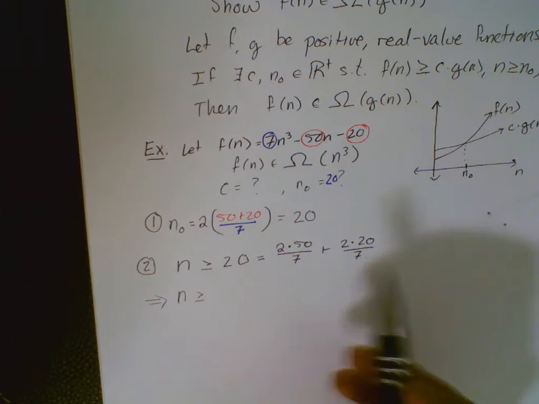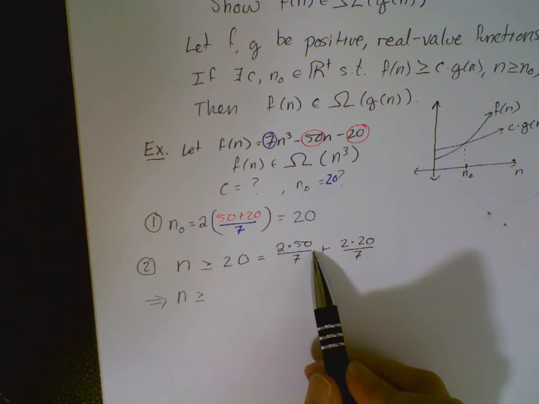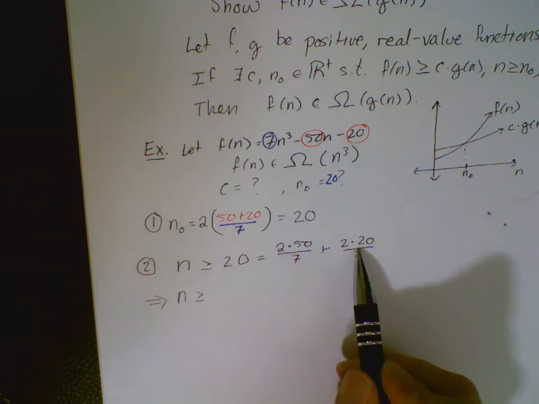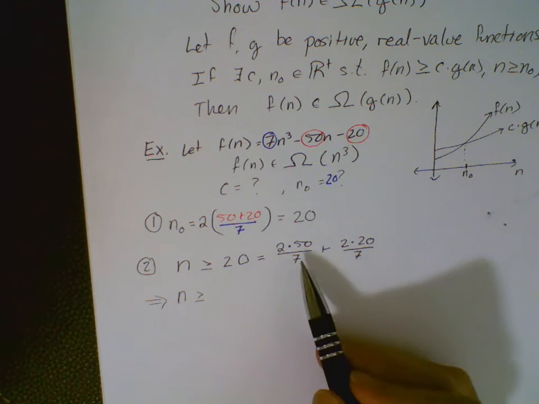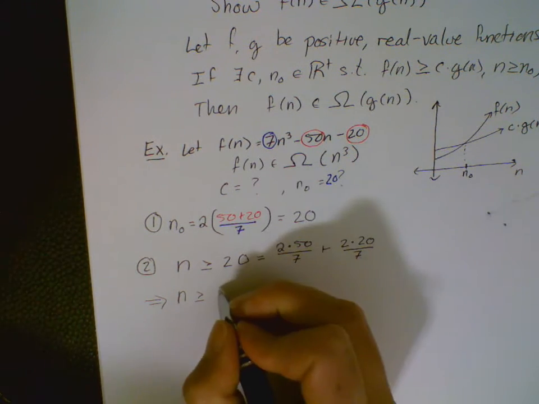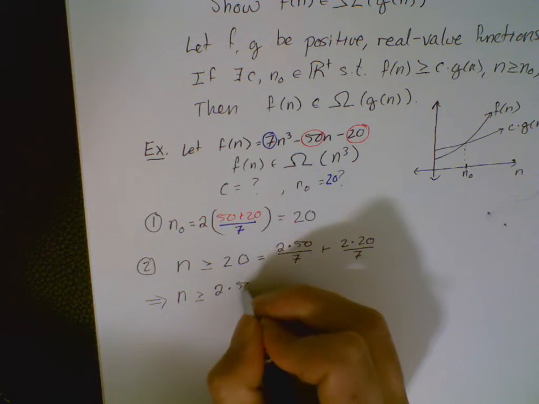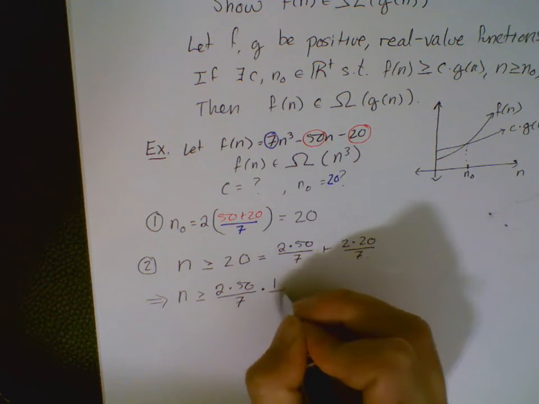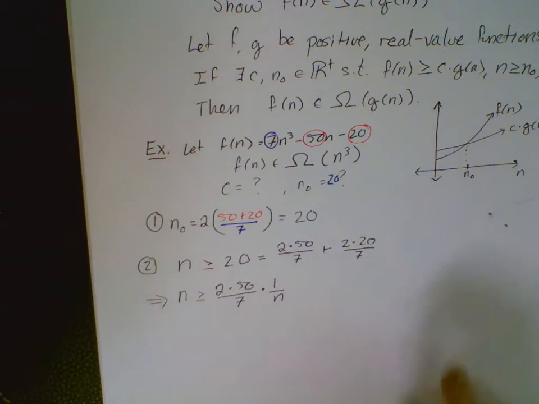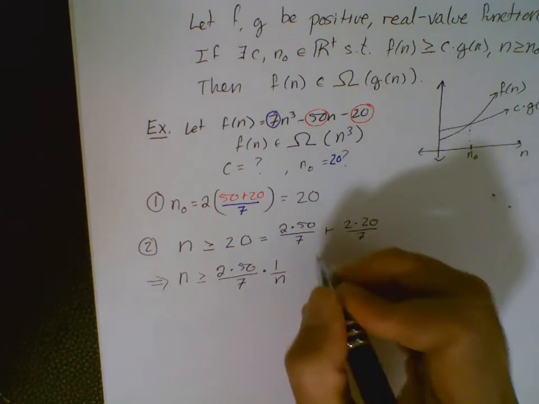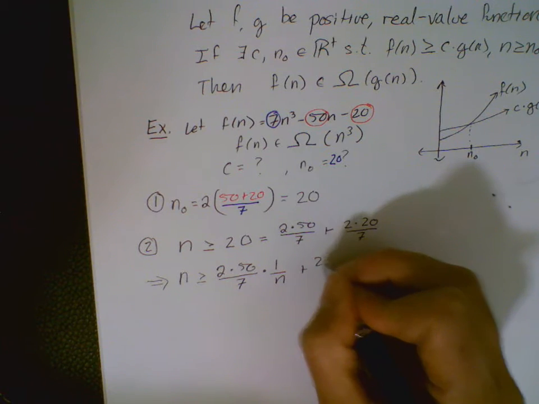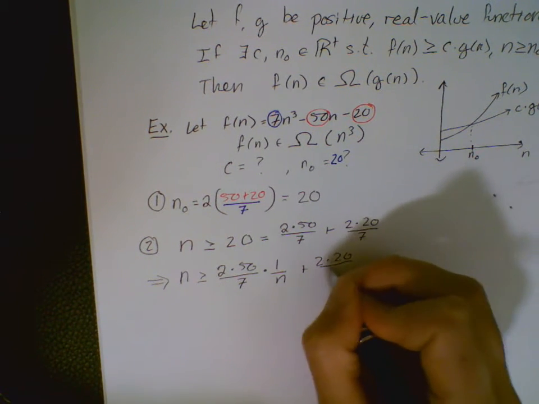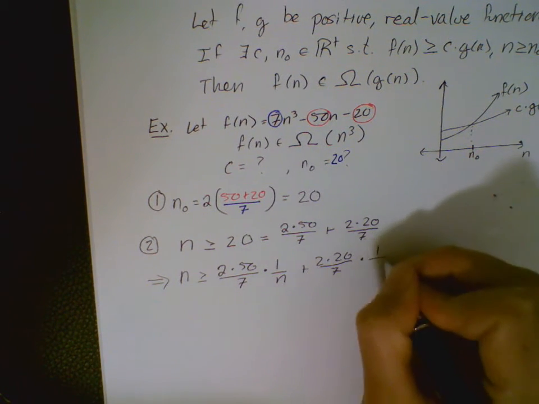So what am I going to multiply these terms by? With the first term, I'm going to multiply it by 1 over n. And with the second term, I'm going to multiply it by 1 over n squared.